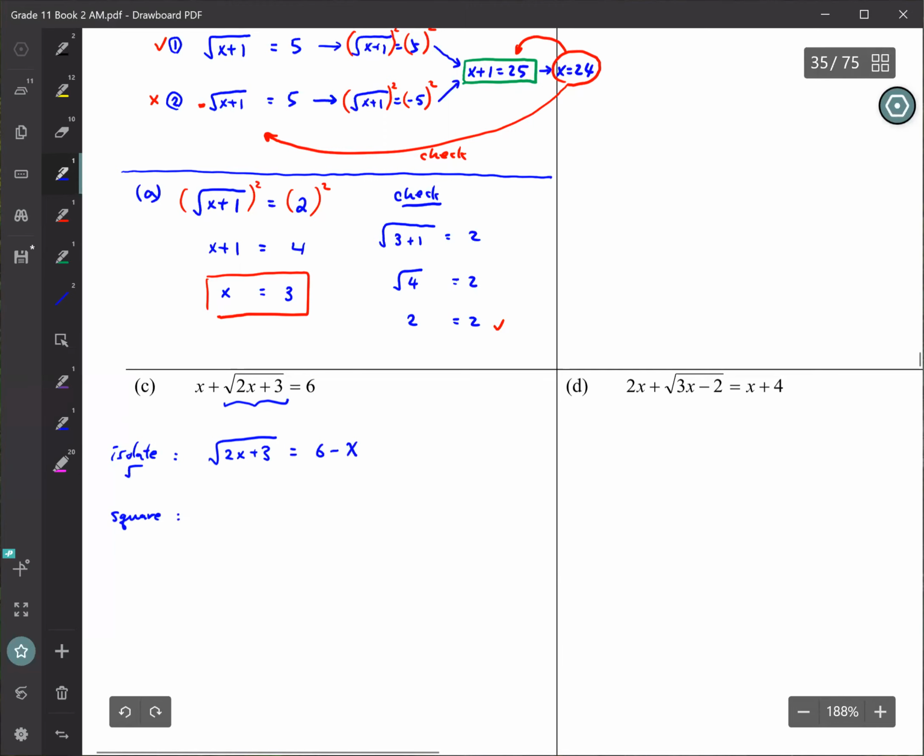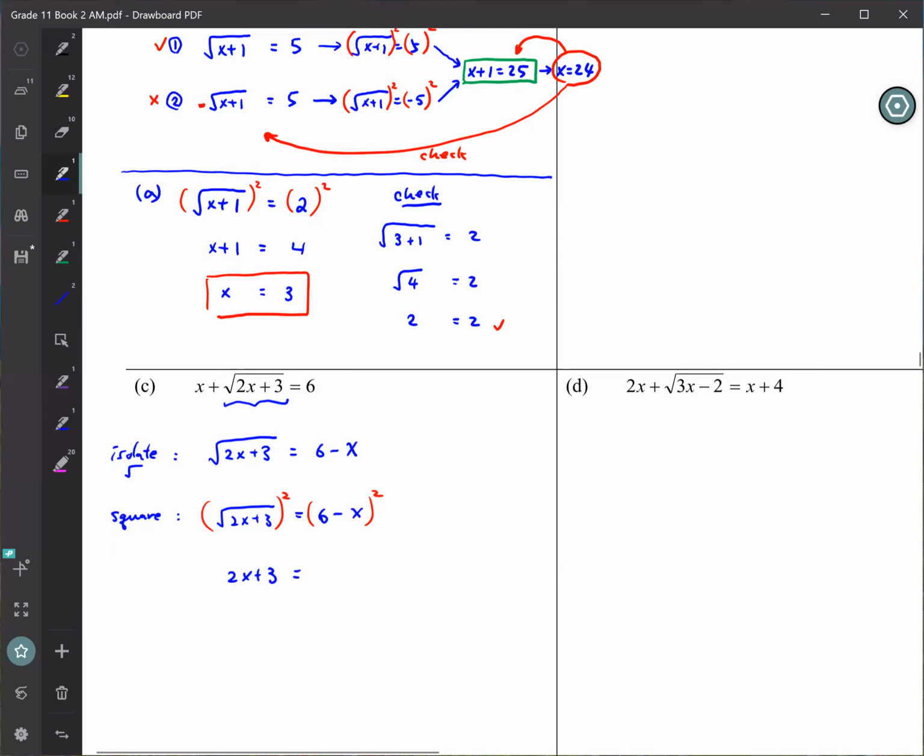Okay, so we would have square, square. On the left side is pretty easy, right? Square root once again disappears. How do we square the right side, Colin? Distribute it. Okay, what would that become?